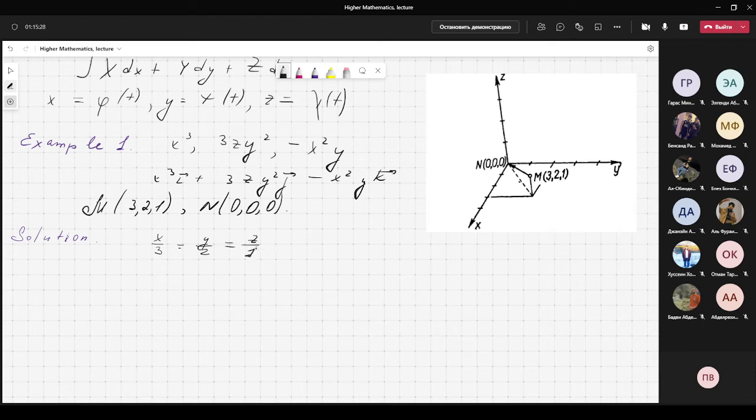And denote all these relations by a single letter t. Then we get the equations of the straight line in parametric form: x is 3t, y is 2t, and z is t.